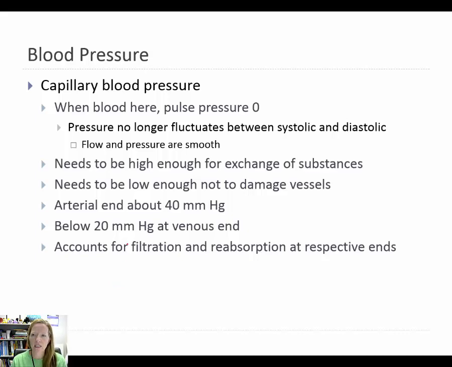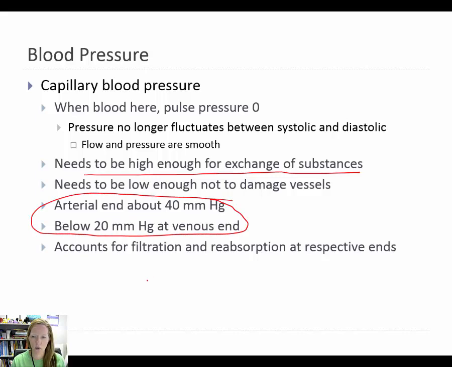So that's why we need it high enough to exchange substances, but low enough not to damage any of the vessels. Remember what we talked about back in the capillary exchange video, how at the arterial end it's roughly 37, and then as it goes across the capillary bed, it goes to about 17.